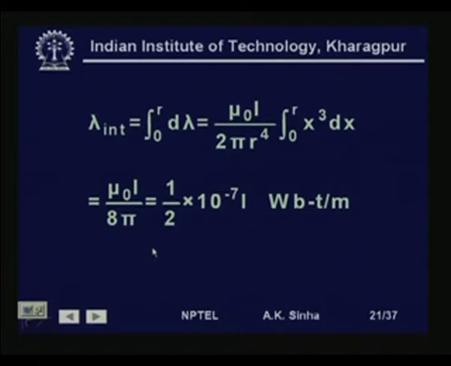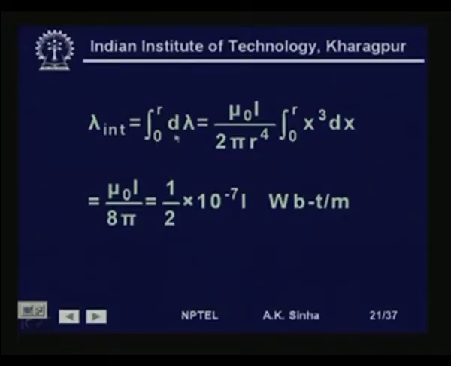Now, if we integrate from the center to the tip of the conductor, that is from 0 to r, this flux linkage in this strip, we will get the total internal flux linkage of the conductor for current flowing inside it. This is equal to mu 0 I by 2 pi r to the power 4 integral from 0 to r of x cube dx, which finally comes out to be half into 10 to the power minus 7 I Weber turns per meter.